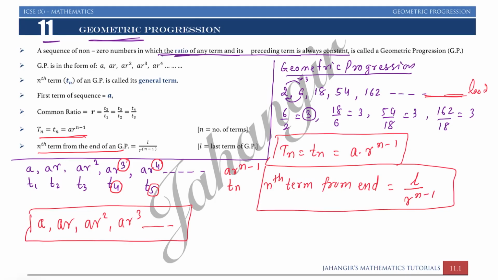The first term is a, the common ratio is r, its nth term Tn is equal to a multiplied by r raised to n minus 1, and its nth term from the end is L upon r raised to n minus 1. You have to just memorize these formulas.